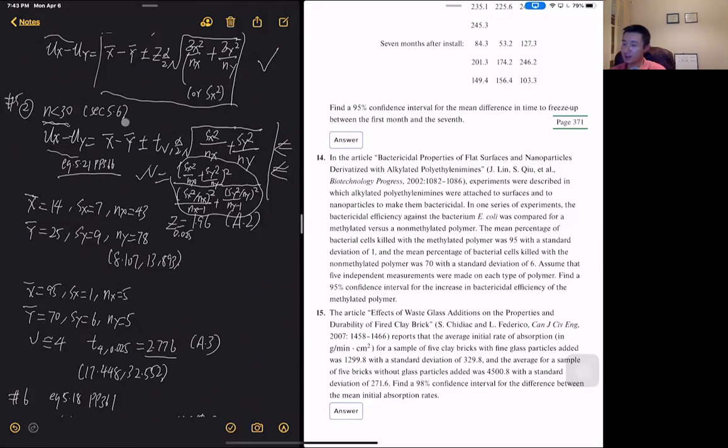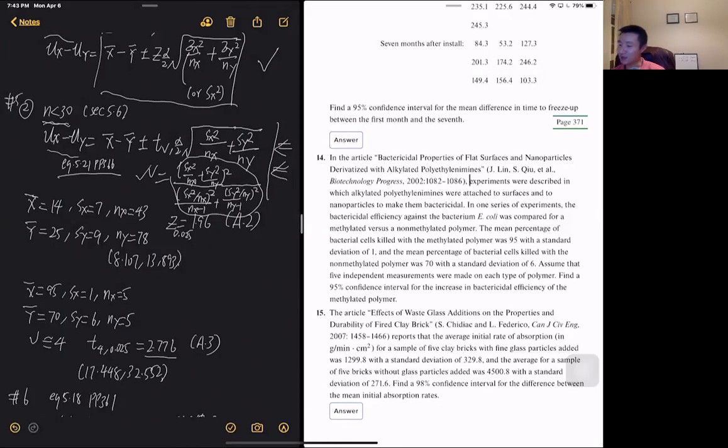So the question is pretty long. In one of the particles, this is called bactericidal property. Let's see how this material can kill bacteria. So flat surface and nanoparticles derivatized with alkylated polyisolamines. So this kind of material, I don't know.